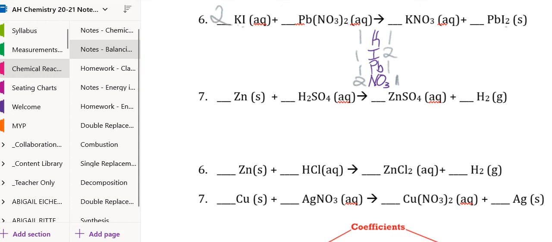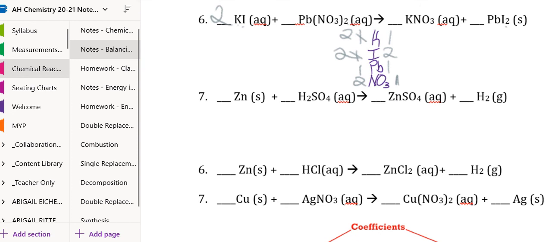So that makes potassium 2 in the reactants and iodine 2 in the reactants. And then the lead iodide thing, you put 1. I wait until the end to put ones. Everything's not balanced yet. What's not balanced? The potassium and the nitrate, the NO3.